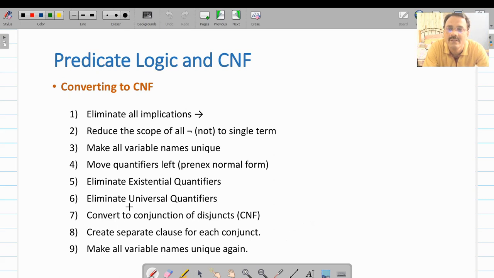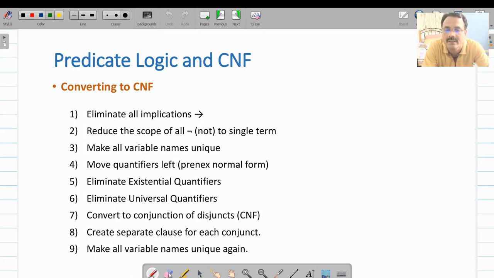Every time it is not necessary that all steps have to be applied on a given statement, but the statement will go through the 7 steps, and sometimes you need to apply 8 and 9. So let us see how to do this.